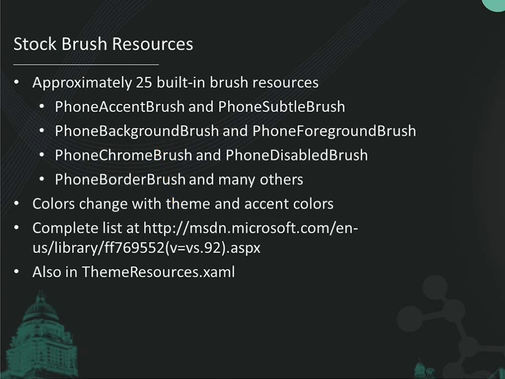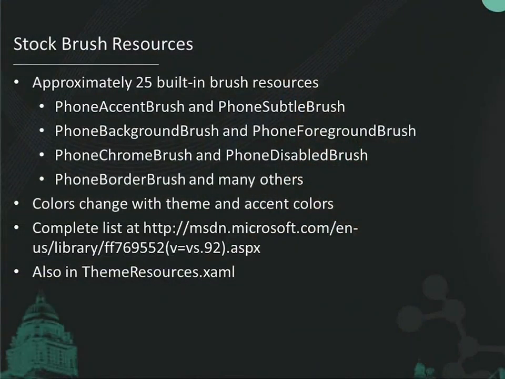In addition to giving you stock font resources, the Silverlight for Windows Phone runtime also gives you some stock brush resources, which you can use not only to make your application look like others or be consistent with them in terms of the colors it uses, but using these stock brush resources allows your phone application to adapt to changing user preferences.